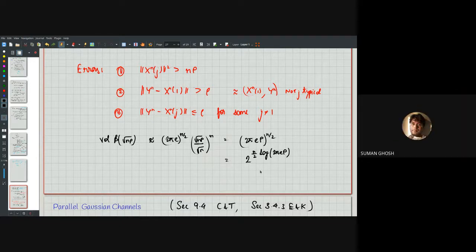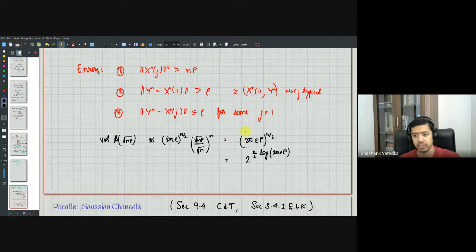It is the entropy of the input. Correct. So it's basically equal to 2 raised to n times the entropy of a Gaussian random variable with variance p. That is really the geometric interpretation of this. If you have a random variable uniformly distributed in this ball of radius square root np, then the entropy will be roughly half log 2 pi e p.